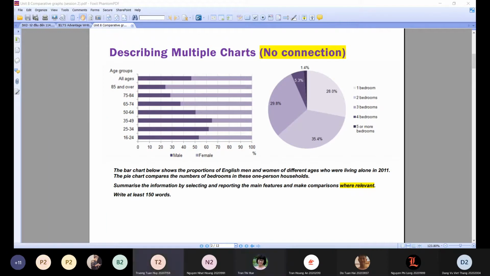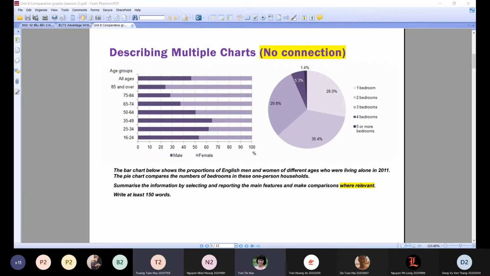I think it's women. So you can see that the females, they live alone more than males, right? So that's the most outstanding feature in the first graph. How about in the pie chart?